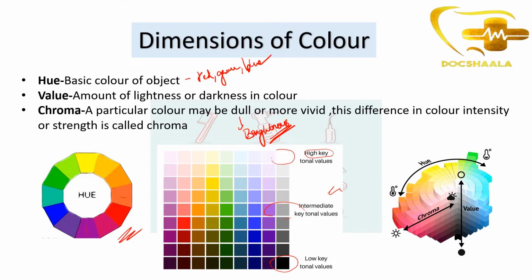From this image you can see this is hue representing different colors, value representing the lightness or darkness of the color, and chroma is brightness. Let us suppose this is a red color. When it is more dull, it appears in this color. When it is brighter, it is like this. So that is what chroma is.